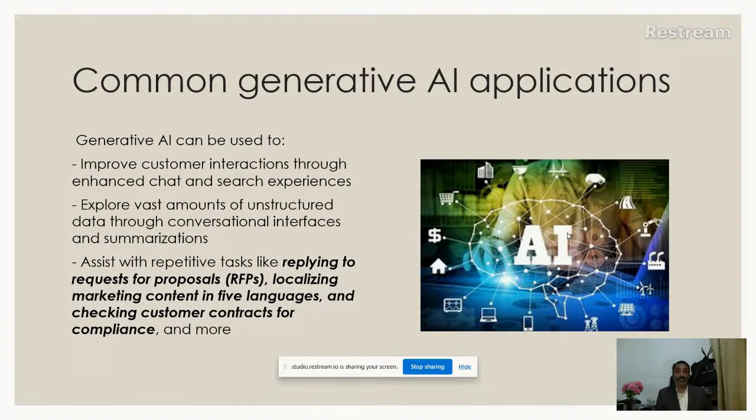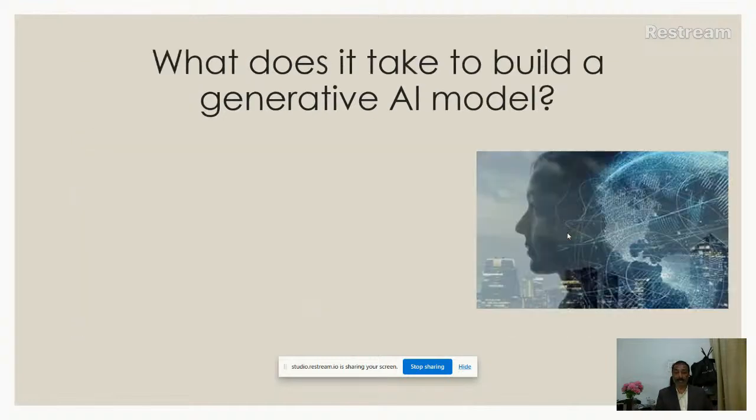Of course, in supply chain, there are areas like replying to requests for quotation or proposal, localizing marketing content, checking customer contracts for compliance, and more. It is also an evolving field, and the applications are growing, specifically in the supply chain area.